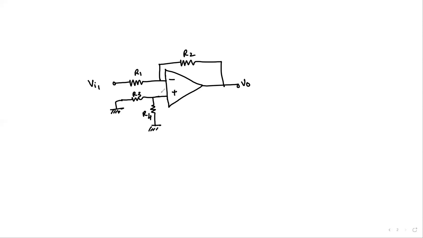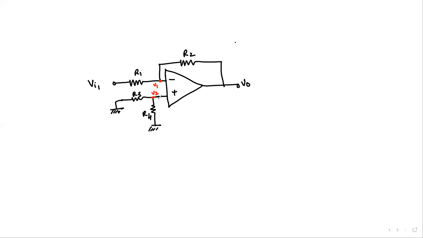Once we have this arrangement, this is the node voltage V2 and this is the node voltage V1. We can see what gain we can get here. Obviously there is no current flowing through R3 and R4, and no node voltage there, because there is no source here.